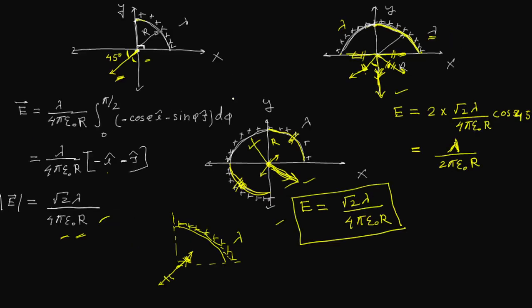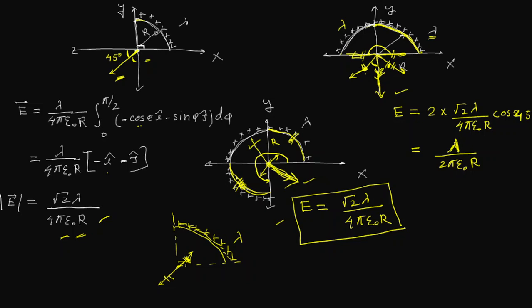If it is a function of, let's say, this part, and it is given that lambda is lambda not cos phi, then you have to put the value of lambda here, lambda not cos phi. So cos phi you have to multiply here, and then you have to integrate from 0 to pi by 2. In that case, you have to calculate 0 to 3 pi by 2, and that will give you the result at the center for non-uniform charge distribution.